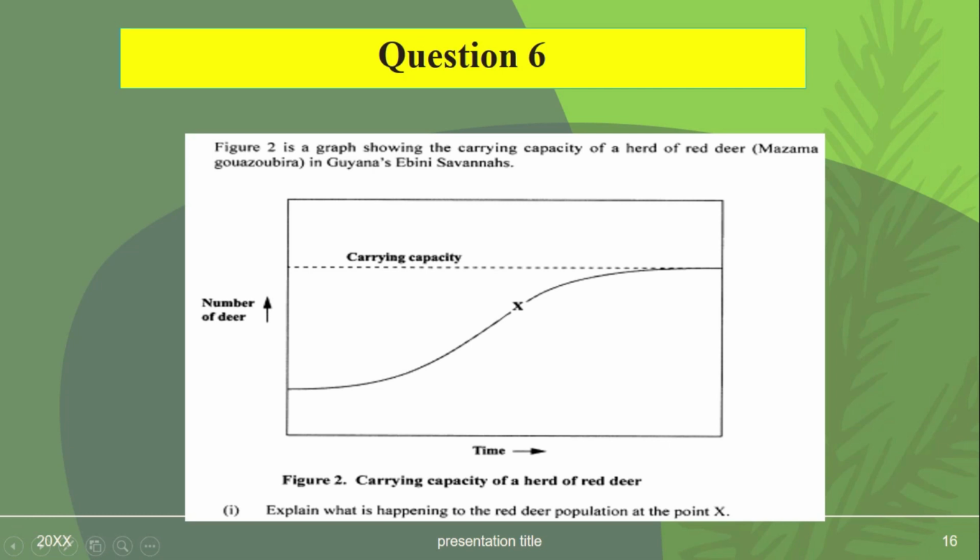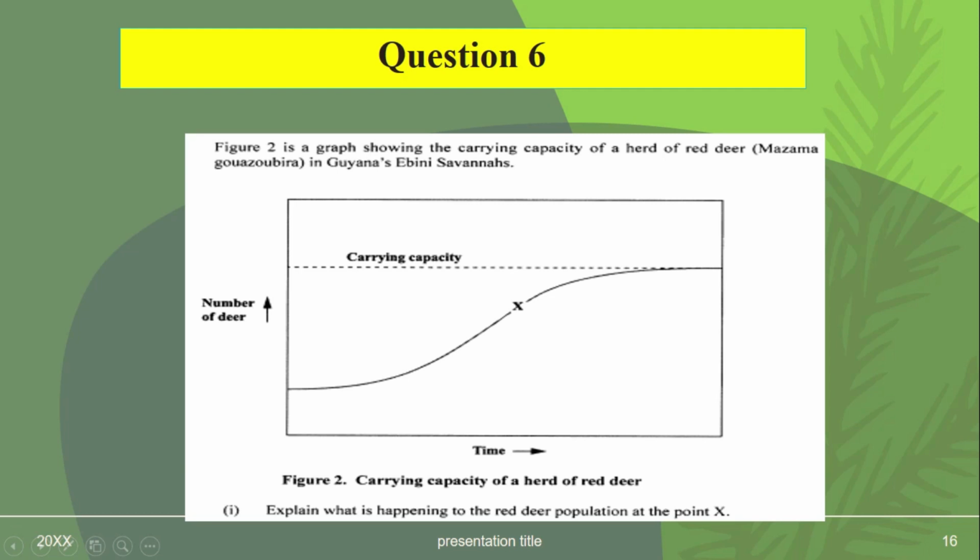Question number 6 says, figure 2 is a graph showing the carrying capacity of a herd of red deer in Guyana, Ebony Savanna. All right, so let's analyze the diagram before we answer the question. The question says, explain what is happening to the red deer population at point X. So this is point X right here.